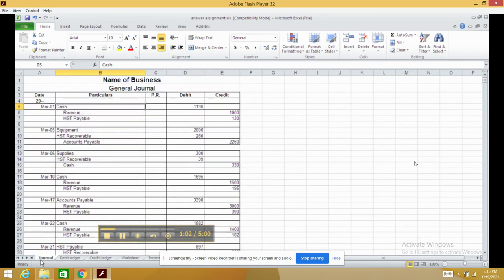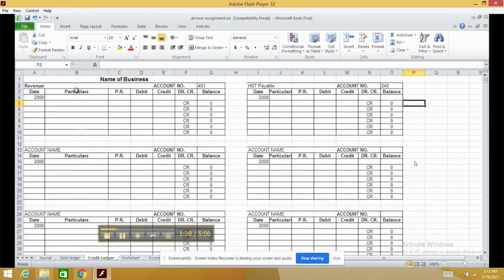Now we're not finished yet, as we need to do revenue and HST payable. So we'll go to the credit ledger for that. Revenue has a number of 401, and you would have learned these account numbers from a previous activity. So we'll make sure we're in the right year. It is March 1st, and we need to credit it the appropriate amount, which was, I believe, $1,000.